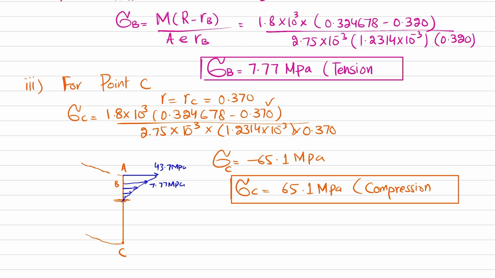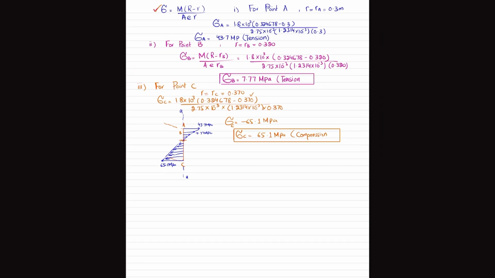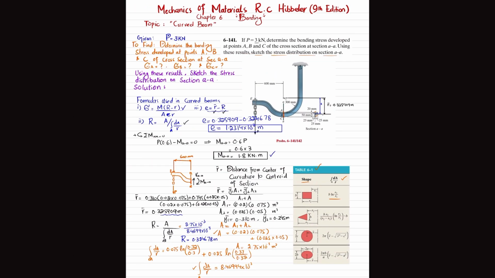Now at C we have a compression. So you can see at point C this is equal to 65.1 megapascal, that is on the compression side. So this curve will be like this. Okay. So this is the stress distribution along section AA. This was section AA. And that was all about this problem 6-141.